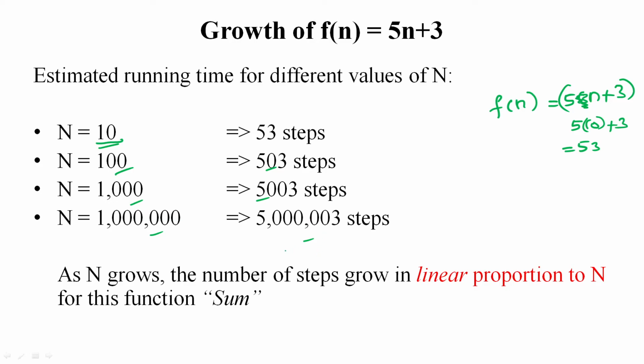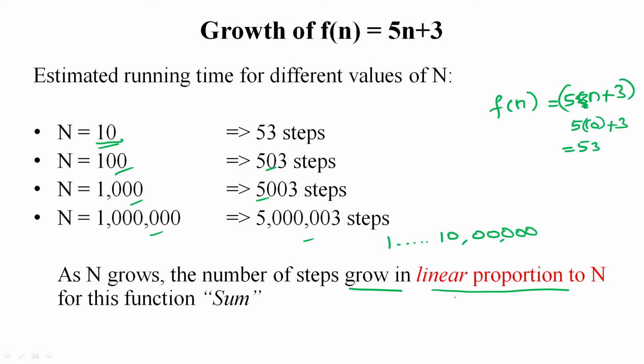So when you are increasing the input from 1 to 10 lakhs, you are checking the execution time of the algorithm, the performance of the algorithm. So here you look at that the number of steps is growing in linear proportion to the input size n.